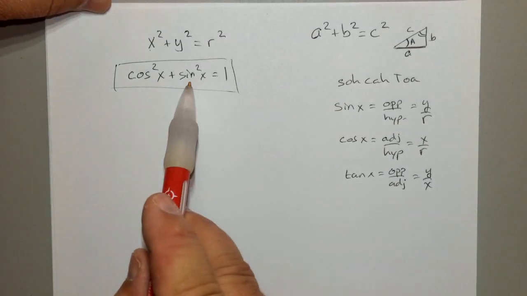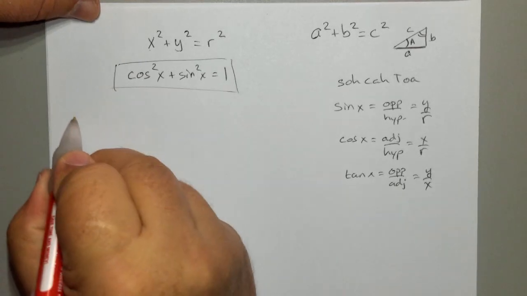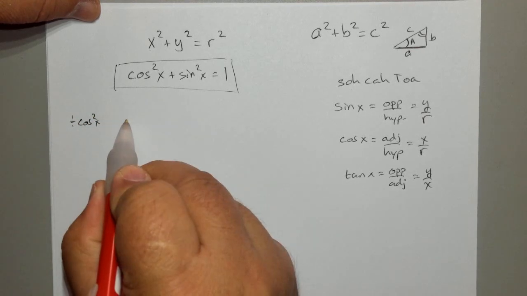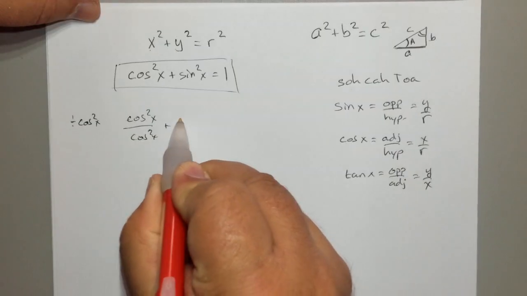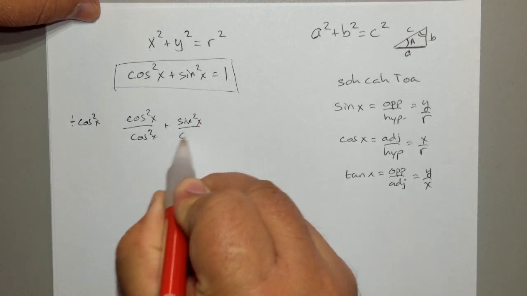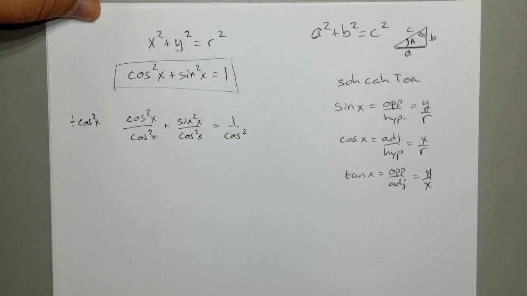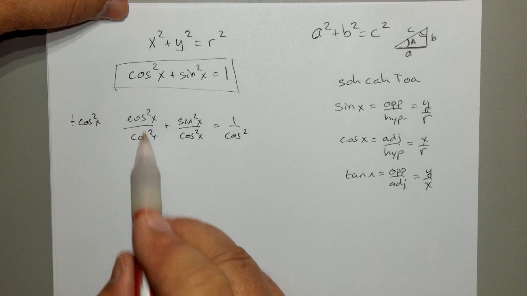From this equation, we can do two things to it. We can divide it by cosine squared, and we can divide it by sine squared. Let's look what happens when we do both. Let's divide by cosine squared first. If we divide each term by cosine squared, simplify those.